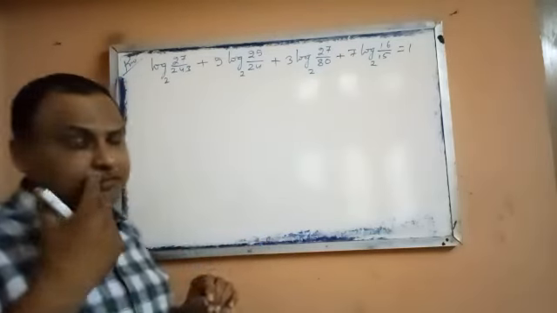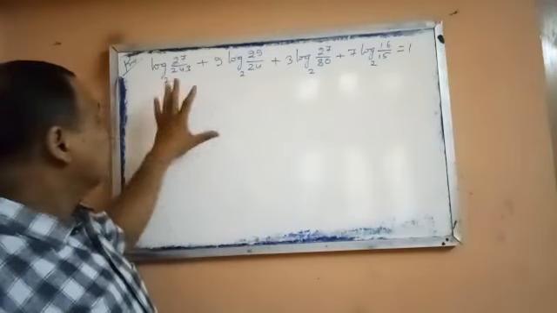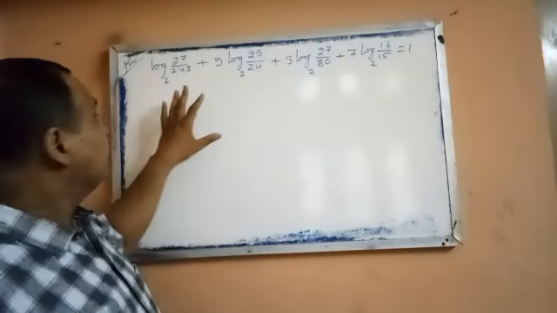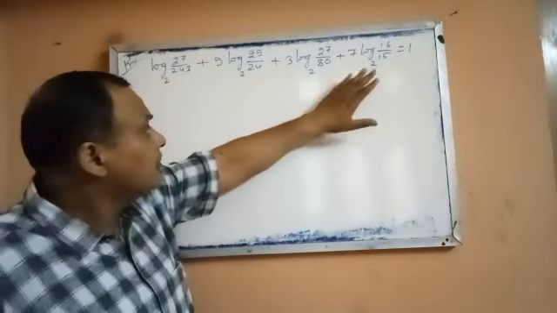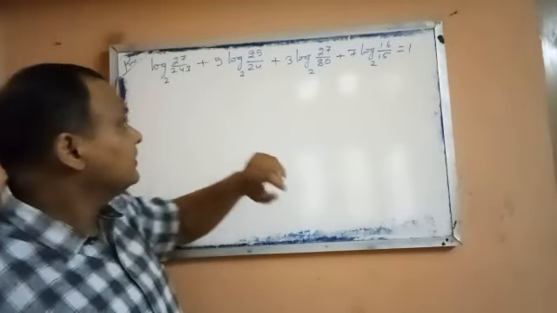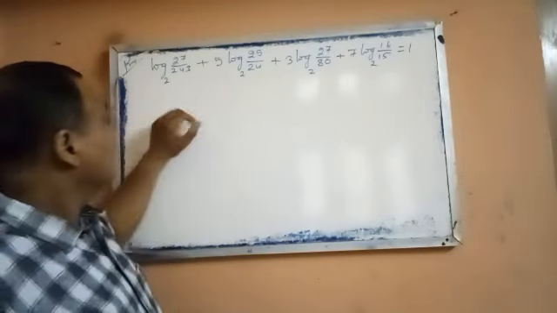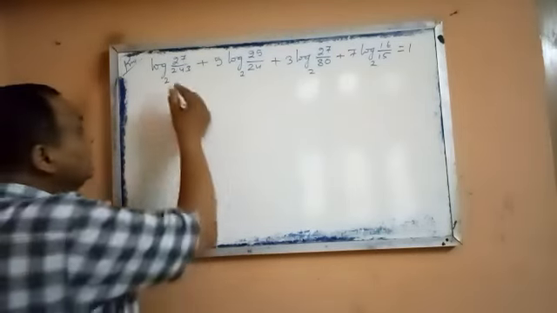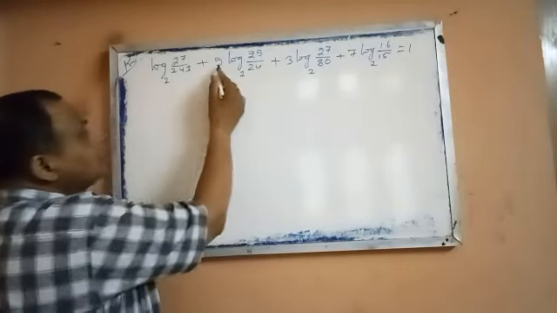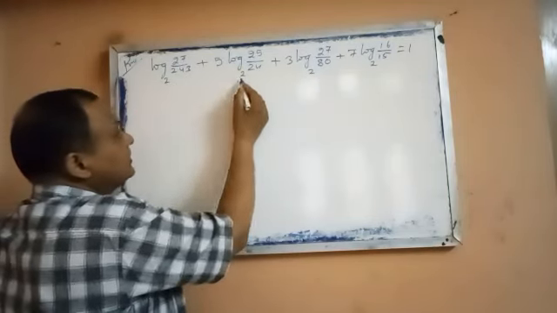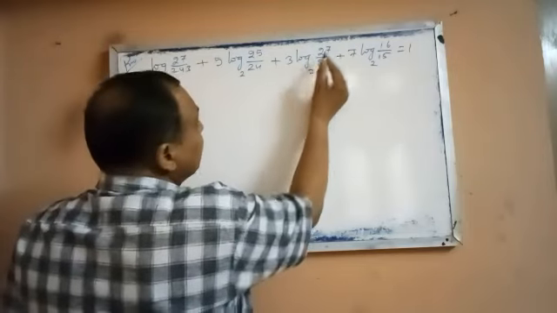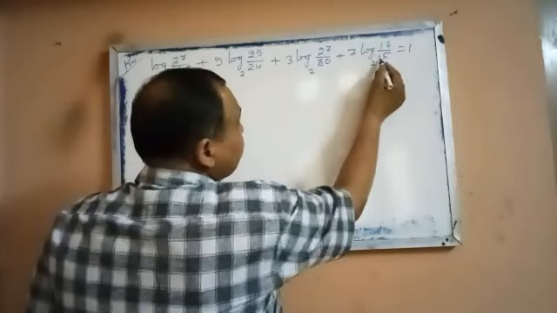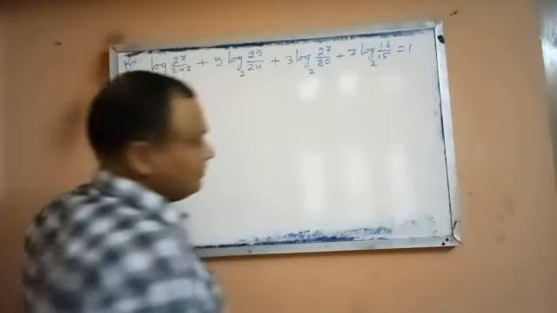Now here is a sum mixed of simplification and prove that. This question may be asked like simplify or find the value of, then equal to 1 will not be there, or it may be asked prove that log 27 by 243 with respect to base 2 plus 5 log 25 by 24 with respect to base 2 plus 3 log 27 by 80 with respect to base 2 plus 7 log 16 by 15 with respect to base 2 equal to 1.